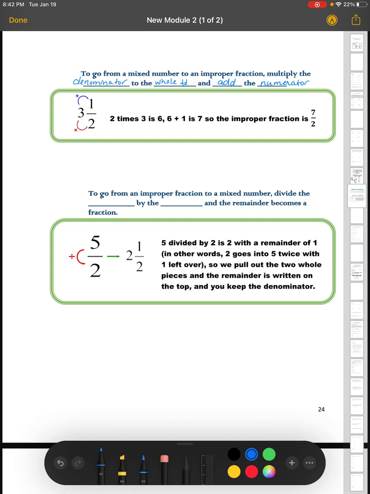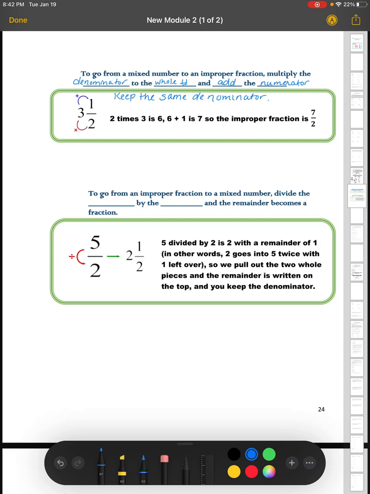Then keep the same denominator. Right. The same denominator. Alright. So for example, we did that one.